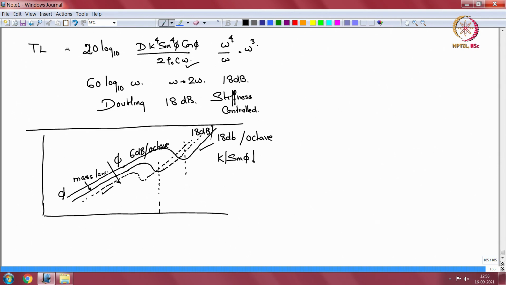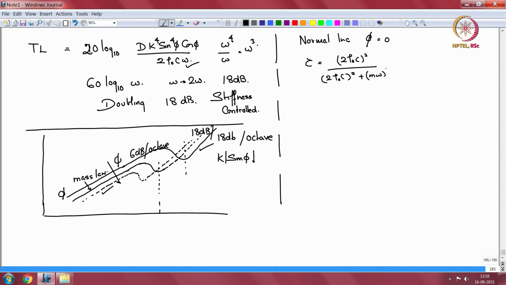Okay, and finally if you actually do normal incidence, then phi is 0, then tau is going to be twice rho 0 c whole squared by twice rho 0 c whole squared plus m omega whole squared.